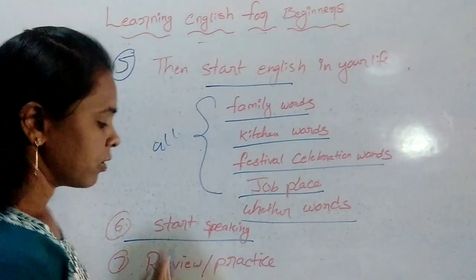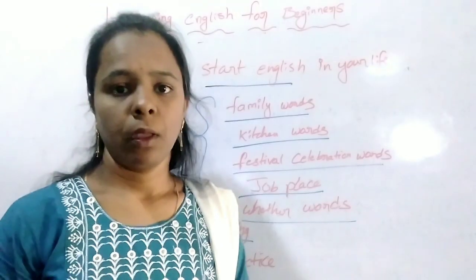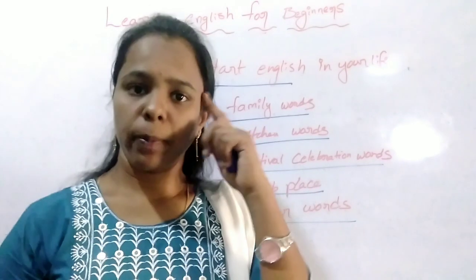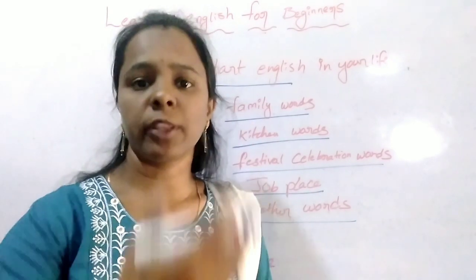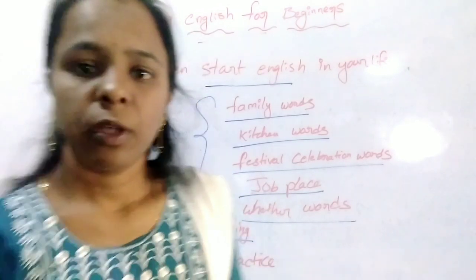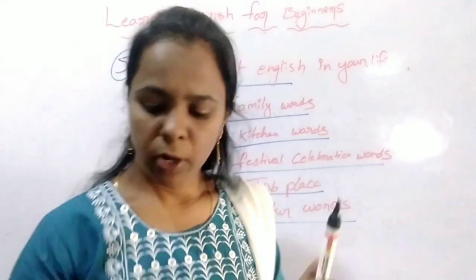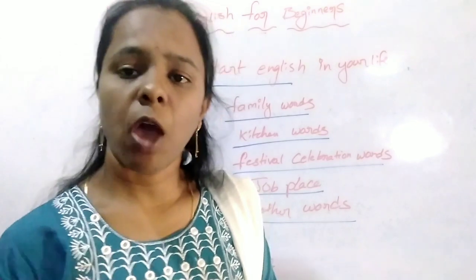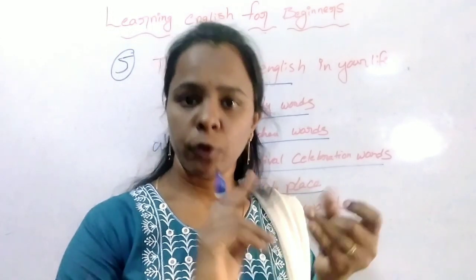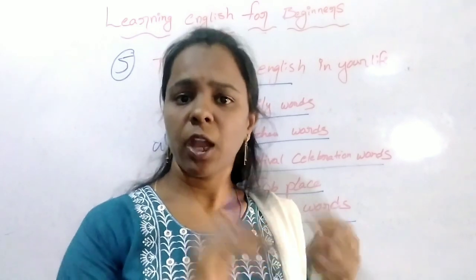Next, sixth one is start speaking. All the things you need to follow, then you have the content in your mind. So you need to talk with anyone. Otherwise you have to explain about any object. This one, marker or duster, anything you have to take it and explain about advantages, features and disadvantages, anything.